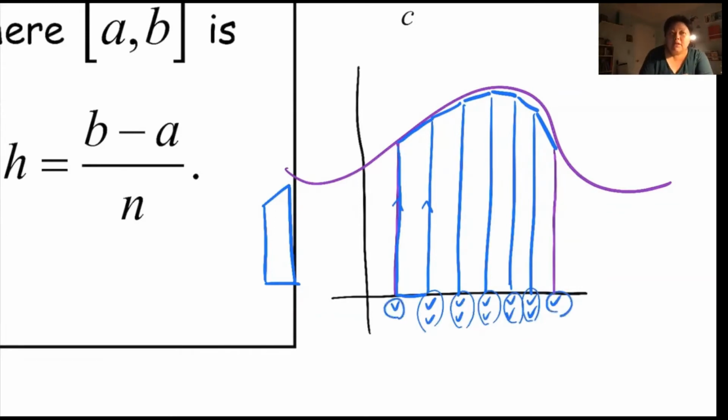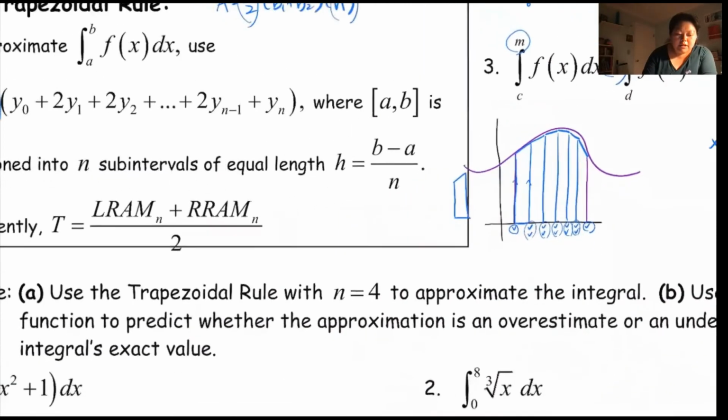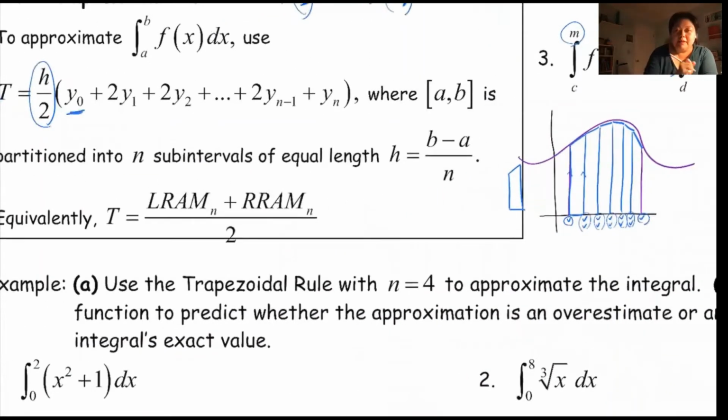So because of the formula, it has to have base 1 plus base 2, base 1 plus base 2. Those numbers got used twice, and hence the formula. The first y value is by itself, the last y value is by itself. But all the y values in between got doubled, because the base 2 of the first now becomes a base 1 of the second, and then so on and so forth. So this is why the formula has those 2's and the non-2's.